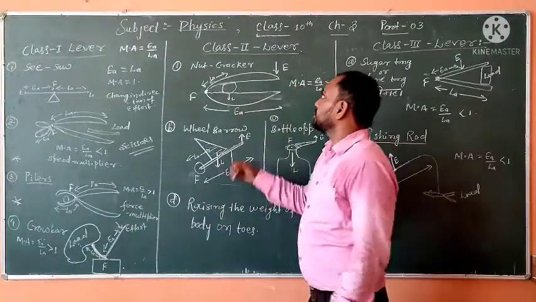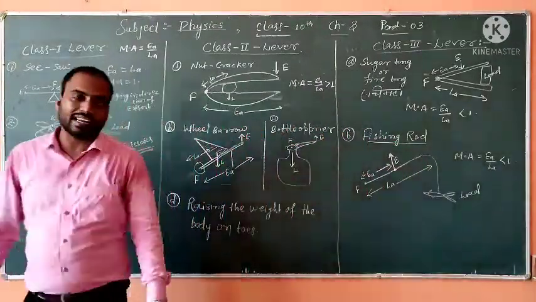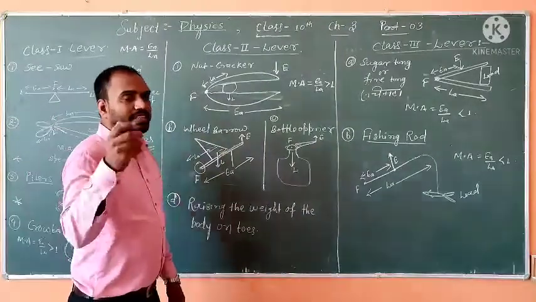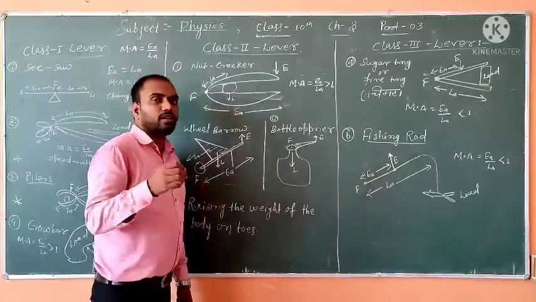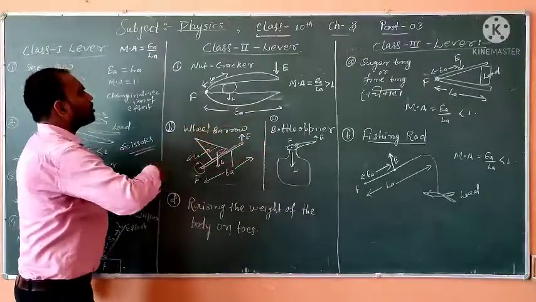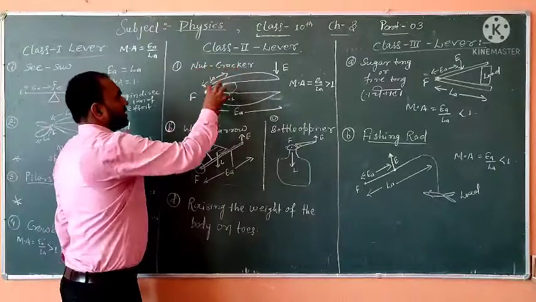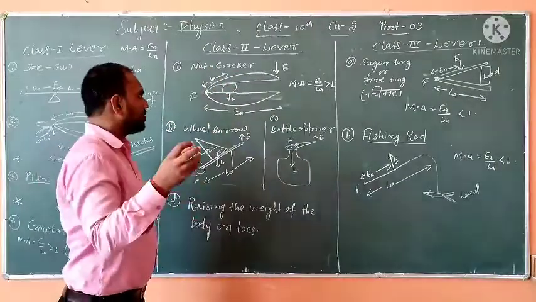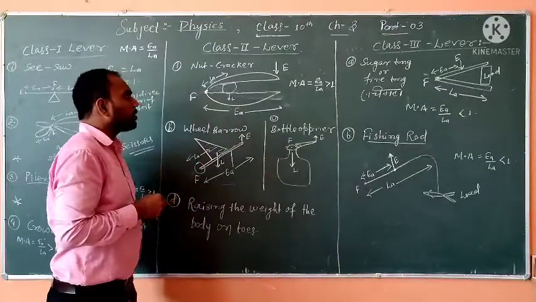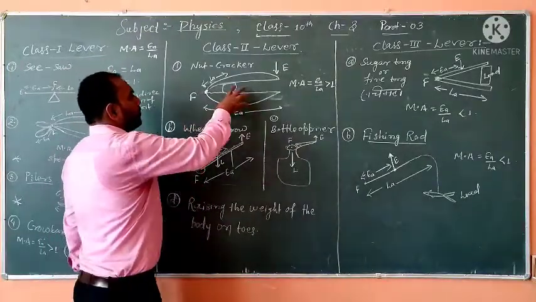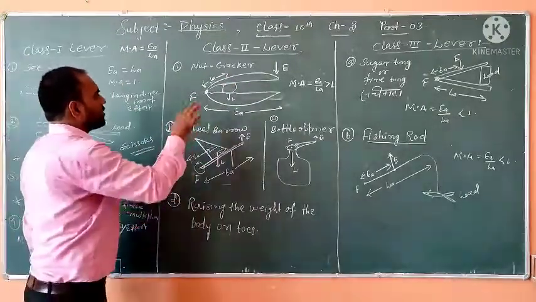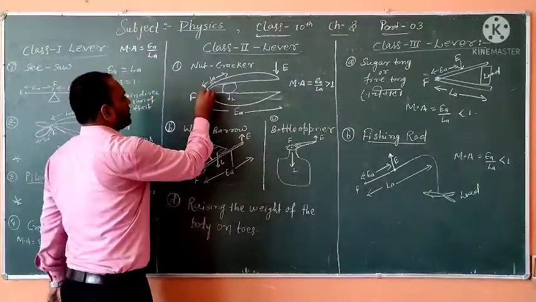Now coming to the second class lever. The second class lever has a mechanical advantage greater than 1. It means it works as a force multiplier. For example, a nutcracker. A nut is a very tough thing which has to be broken, so we use a machine, the nutcracker, which is designed like this.